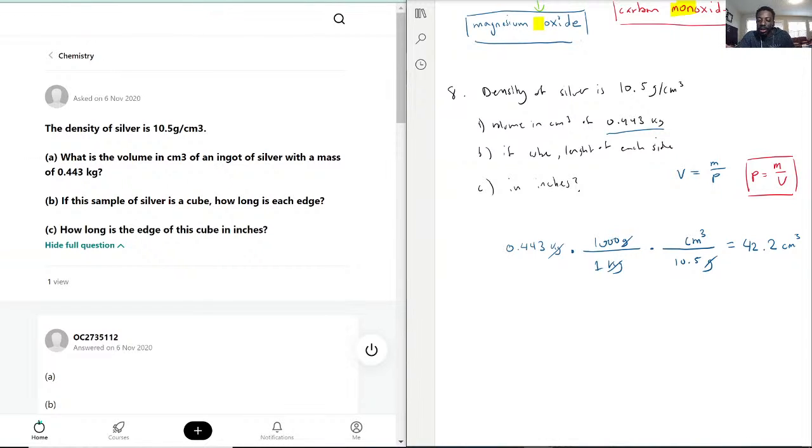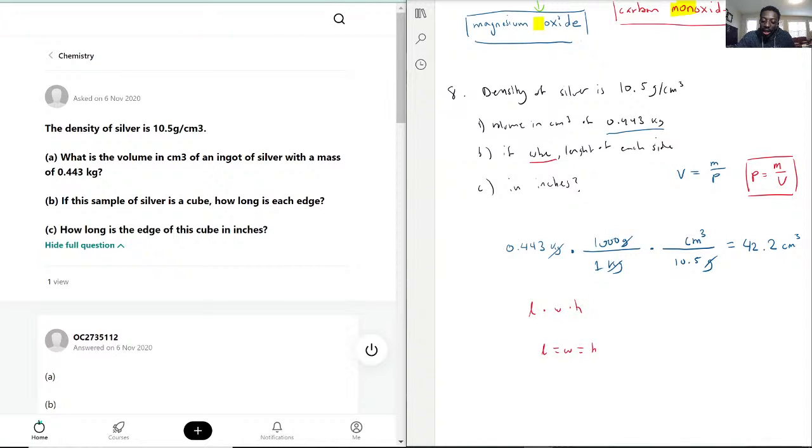Okay? So, with that being said, if it's a cube, what's the length of each side? If you know how to solve the volume of a shape, it's length times width times height. But when it's a cube, that means length equals width, which equals height.